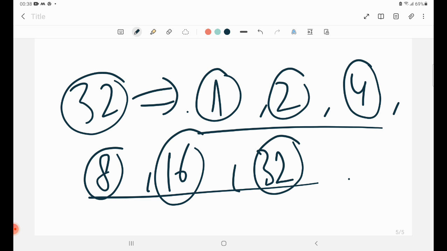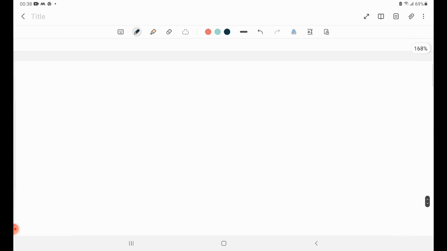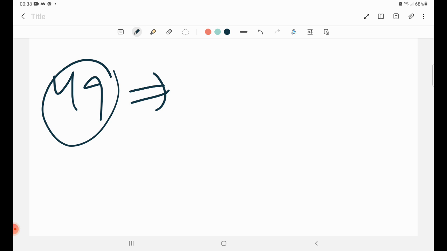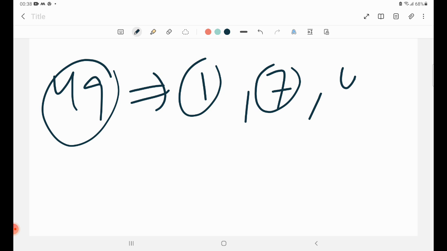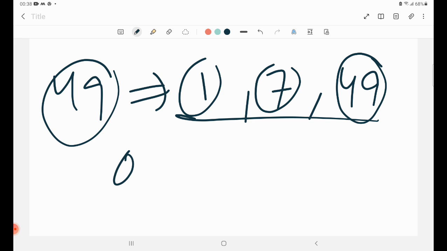So there are an even number of toggles, so the overall state is off. Now let's look at a last example, 49. I'm taking these specific numbers for a reason, so that you yourself can draw some inference from it. The first person, then the seventh person, then the 49th. There are three toggles, so this also has its final state on.